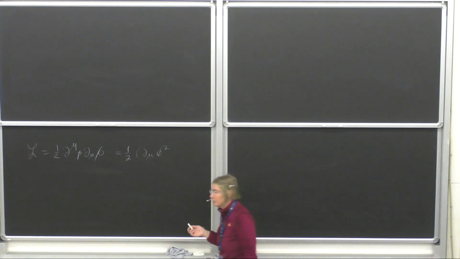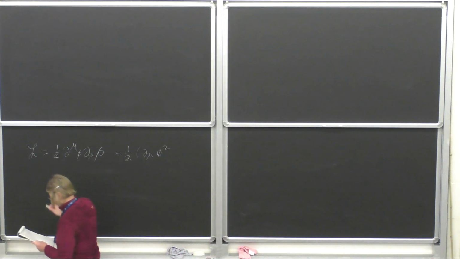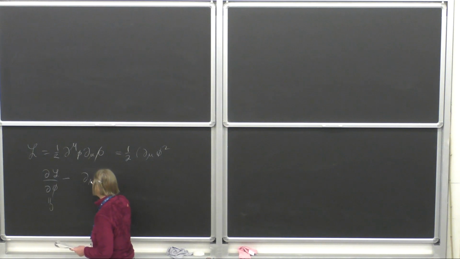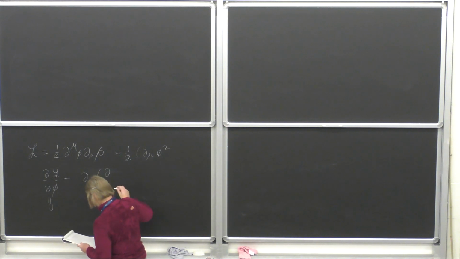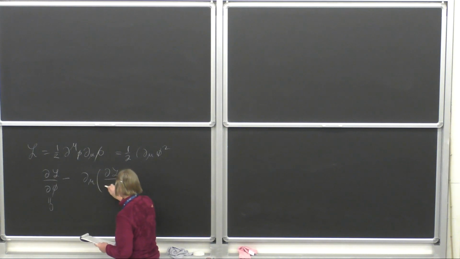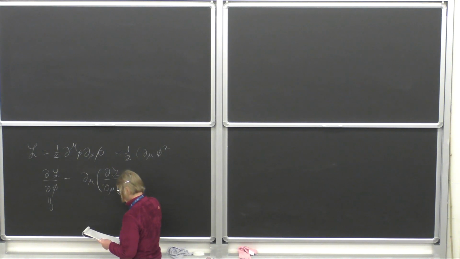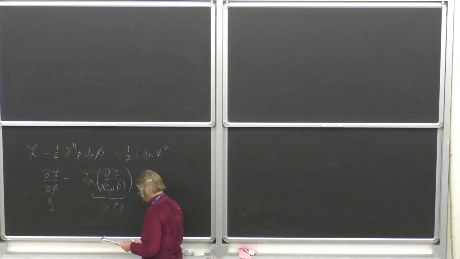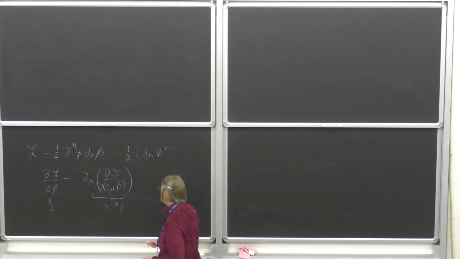We kind of know what we end up with, but let's just go through the motions. So this is 0, and then your Euler-Lagrange equations would be this, ∂_μ φ.